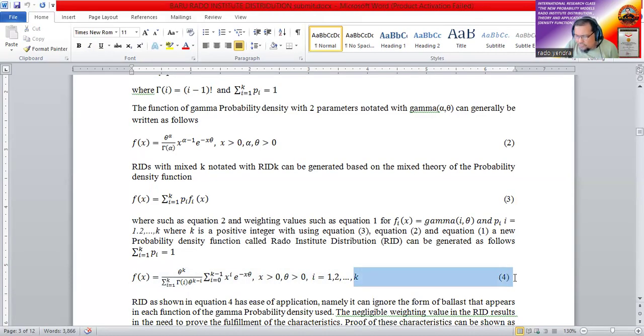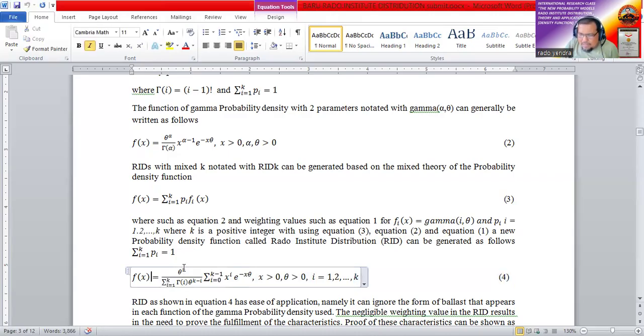In the equation 4, f(x) equals theta power k divided by the summation starting i equal to 1 until k of gamma function i, multiplied by theta power k minus i, multiplied by the summation of i starting from 0 until k minus 1, x power i, exponent minus theta x, for x greater than 0, theta greater than 0, and i an integer starting 1, 2 until k.